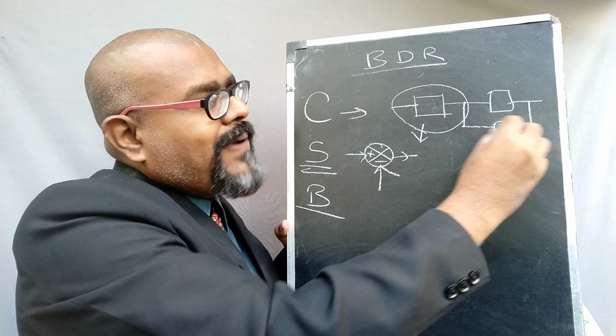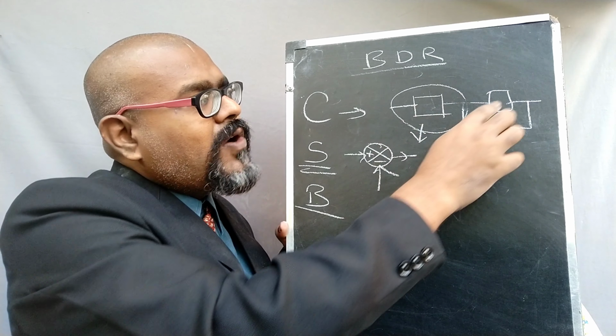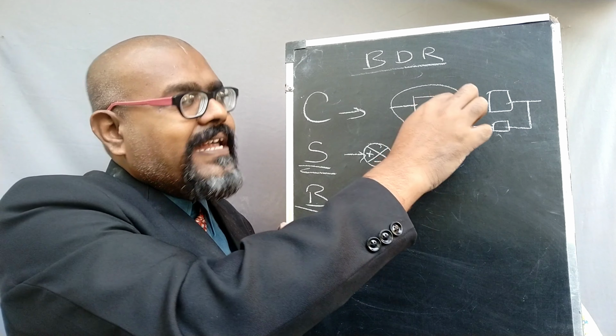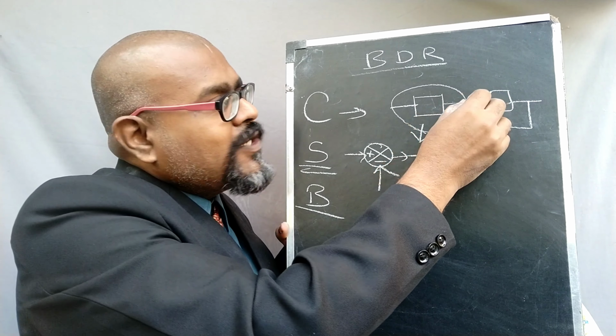If you want to connect anything in the forward path, of course this is the forward path, if you want to connect any loop or element to the forward path, it should be connected through the summing point. We need to use the summing point for the connection. Whether you want to add or subtract, if you want to subtract, use the signal like this. If you want to add, use the signal like this. This is how we use the summing point in the block diagram.